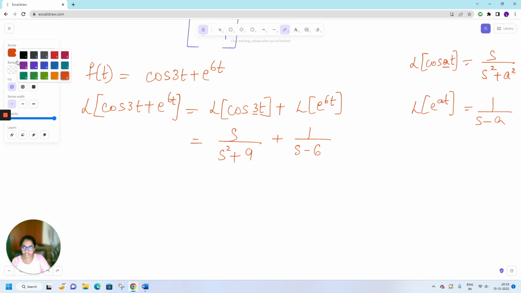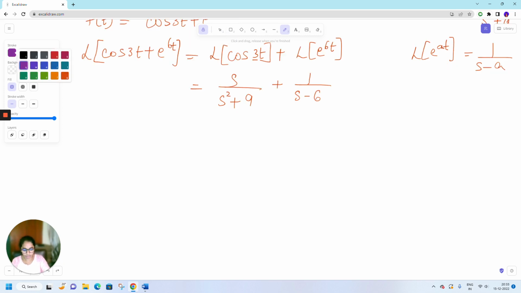Okay, let me take another question. Say f of t is equal to t cube plus 4t square minus 3t plus 9.